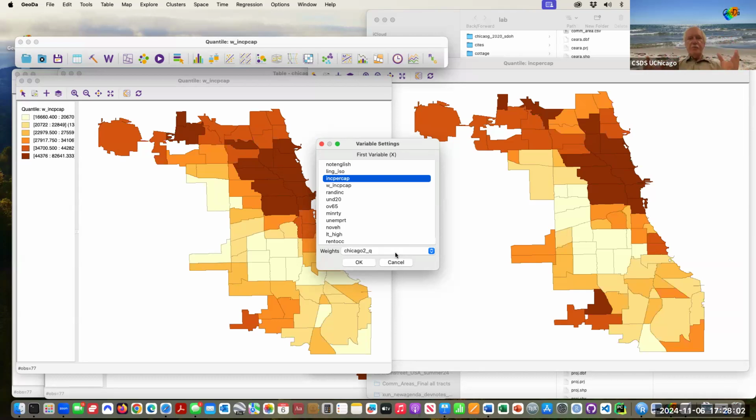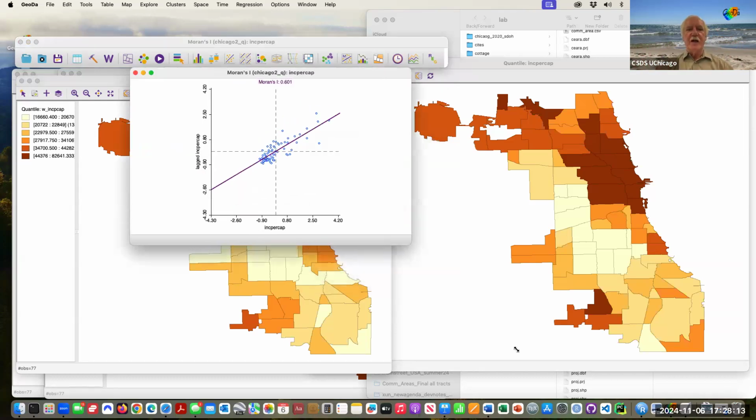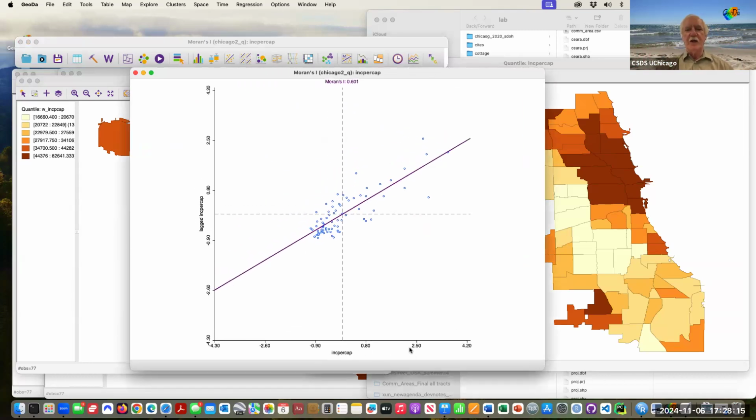It just turns out to be that if you standardize the variables. So that's what the Moran scatter plot does. It standardizes the variables, so these are standard deviational units. It draws the line and it gives you the coefficient of the slope. This is Moran's I.